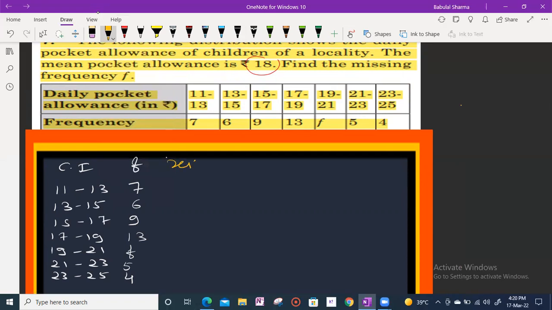To use this formula, we need the class mark, meaning the mid value of the class. So what is xi here? The mid value of each class is the lower limit plus upper limit divided by 2. So 11 plus 13, that is 24, divided by 2, that is 12.